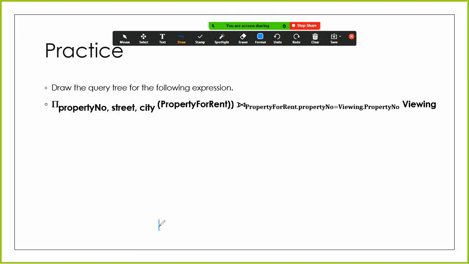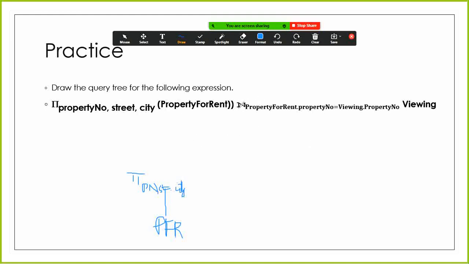So if we have this table, property for rent, as a leaf node, now we apply this relational algebra operation, which is project on property number, street and city. We have written this expression.